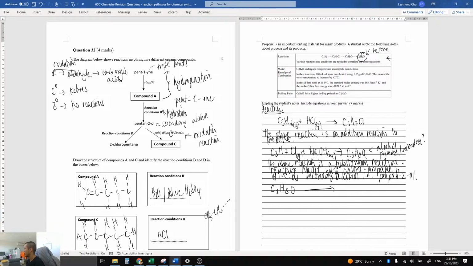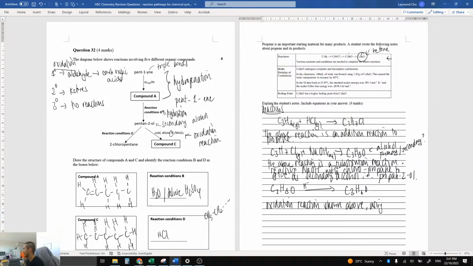C3H8O to C3H6O. Now, it's an oxidation reaction. What do we need for an oxidation reaction? So the oxidation reaction shown above uses, and there are two things we can use.